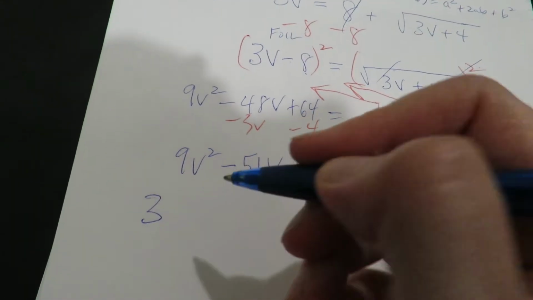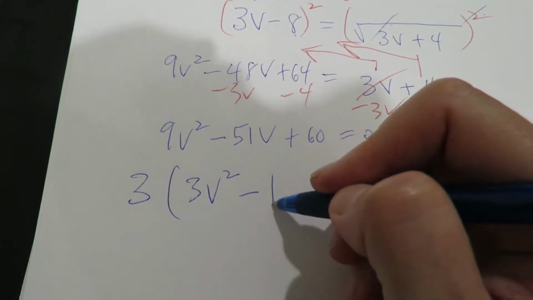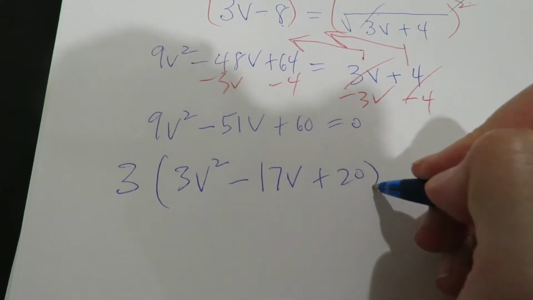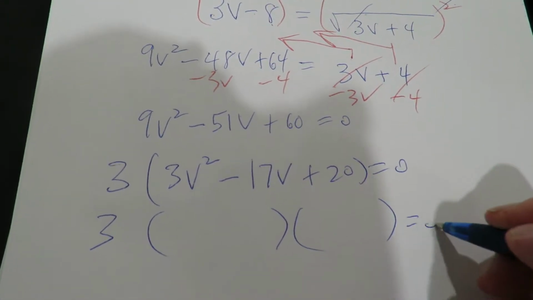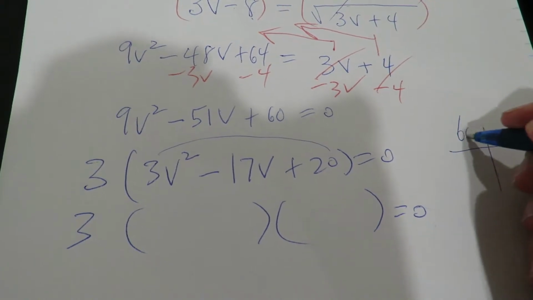Thank goodness, those numbers were going to be big. 17. Alright. So you do 3 times 20, which is positive 60.